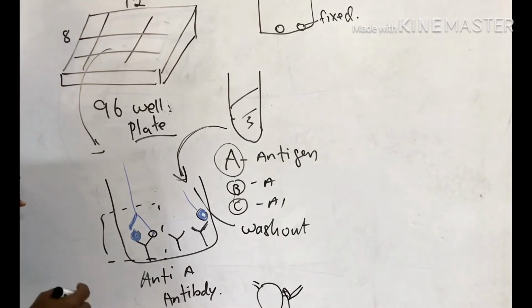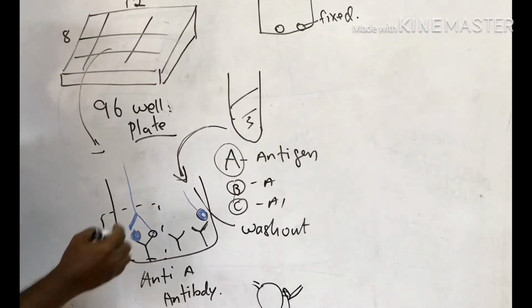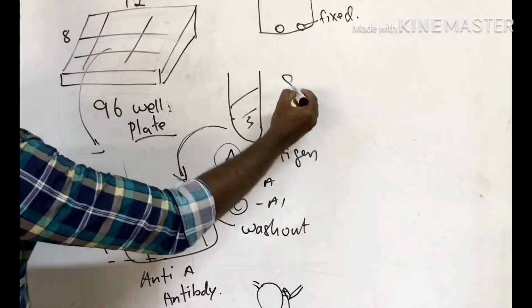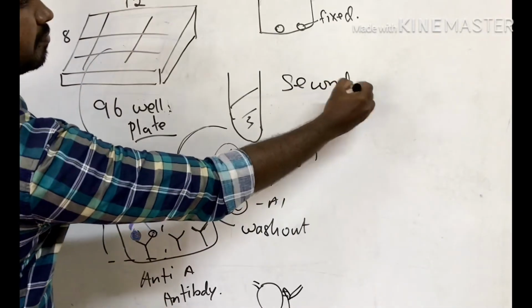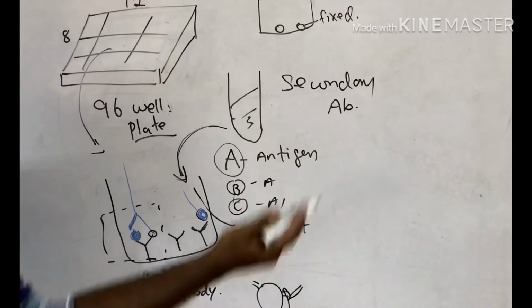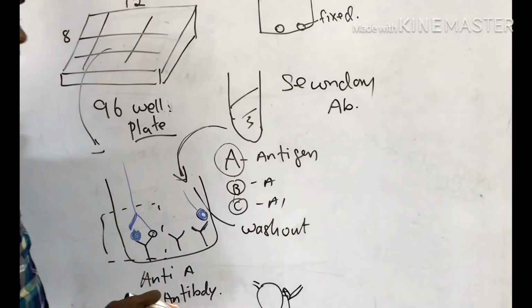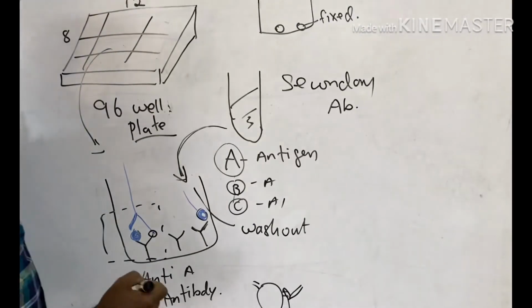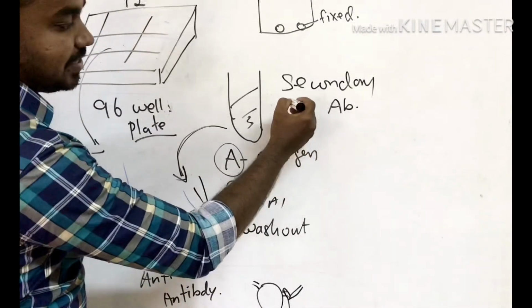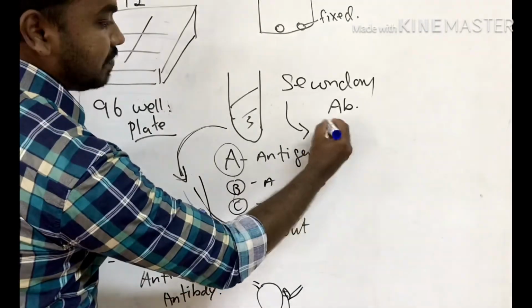Now I'm going to add another antibody, which we call the secondary antibody. We have discussed the enzyme-linked immunosorbent assay, so obviously the secondary antibodies will be linked with enzymes.